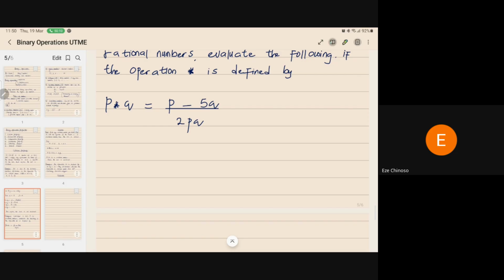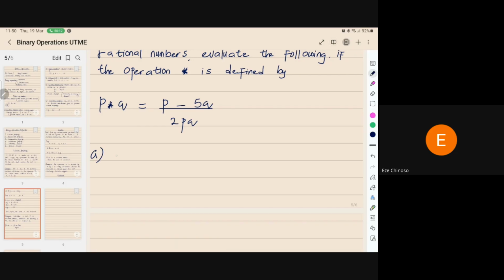The first thing they say we should evaluate, A, is 2/3 asterisk 1/5. The B is find x. These are typical JAMB questions. If minus 4 asterisk x is equal to minus 3. So now how do we simplify this? Do you know what it means? Sorry, I'm coming, please.